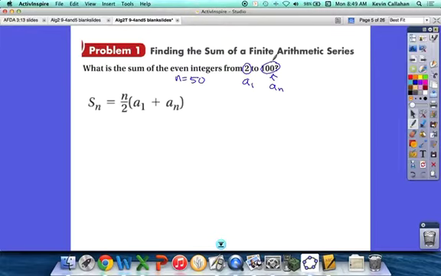S50, because we're adding up 50 terms, is 50 divided by 2 times 2 plus 100. 25 times 102. 2550.